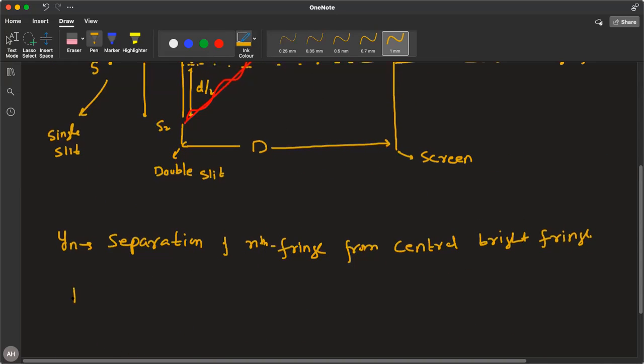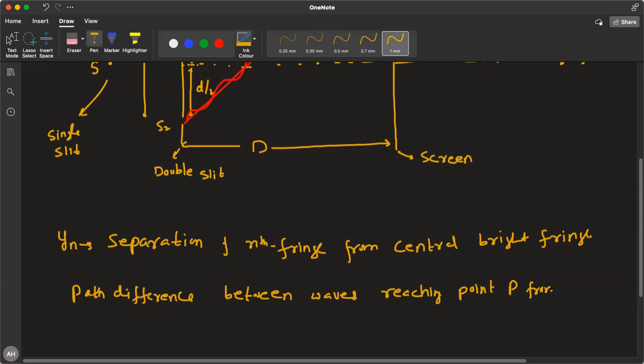S2P minus S1P. Very good. Path difference between waves reaching point P from S1 and S2.